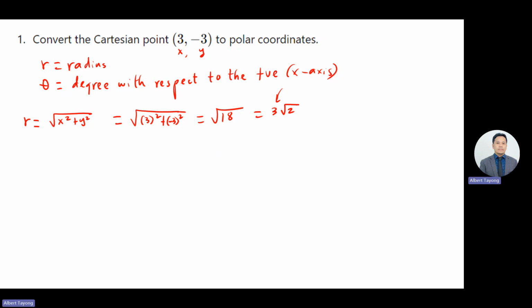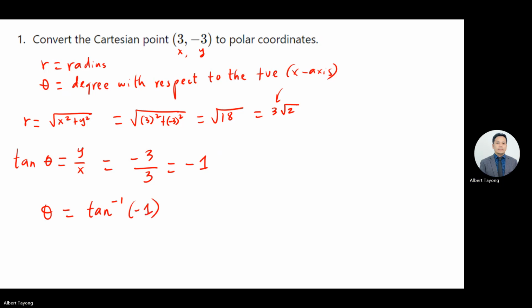Now, to get the degree, the formula is tan theta equals y over x. So this is -3 over 3. The answer is equal to -1. Then theta is equal to shift tangent of -1.